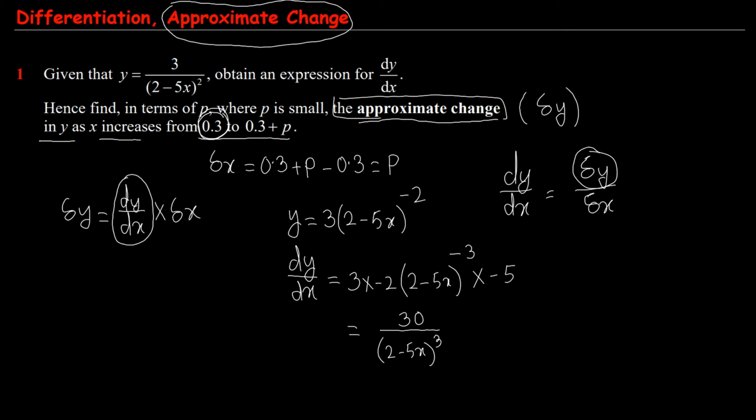This value is what? So at x equals to 0.3, let me find out the dy by dx from here, which gives us dy by dx equals to 30 divided by, put the value here, 2 minus 5 into 0.3 to the power 3. So you can use a calculator to do that.